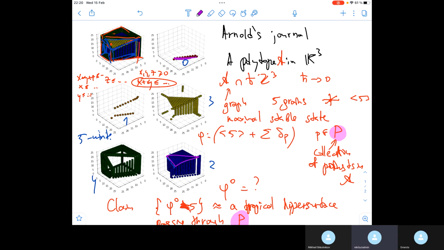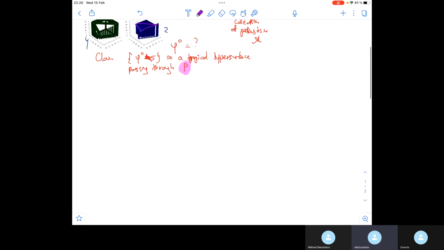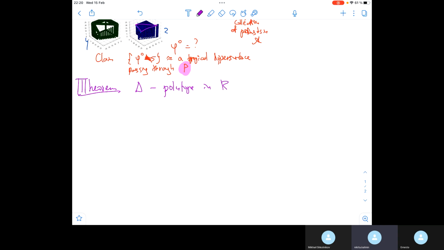And it's given as follows. So here I give you a theorem. Let's suppose that we have a polytope delta in Rn, well, in Zn, such that the convex hull of delta intersect Zn consists only of vertices of delta.